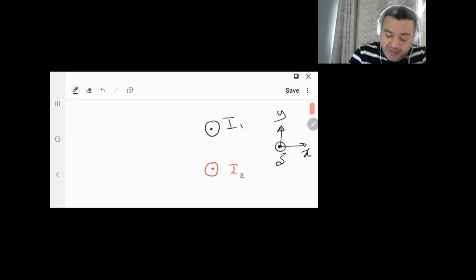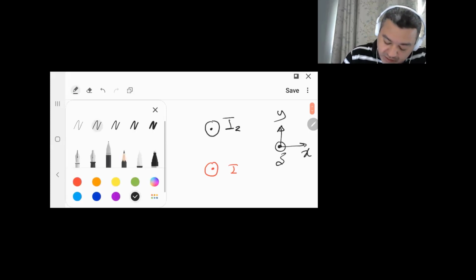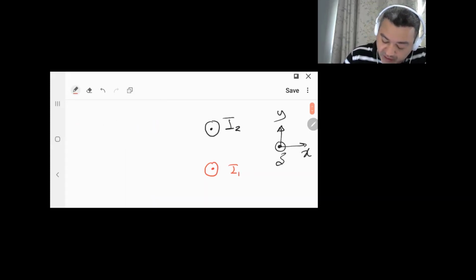So if I am to put the equation for the magnetic force as F1 on 2, I will take the upper one as I2 and the lower one as I1.